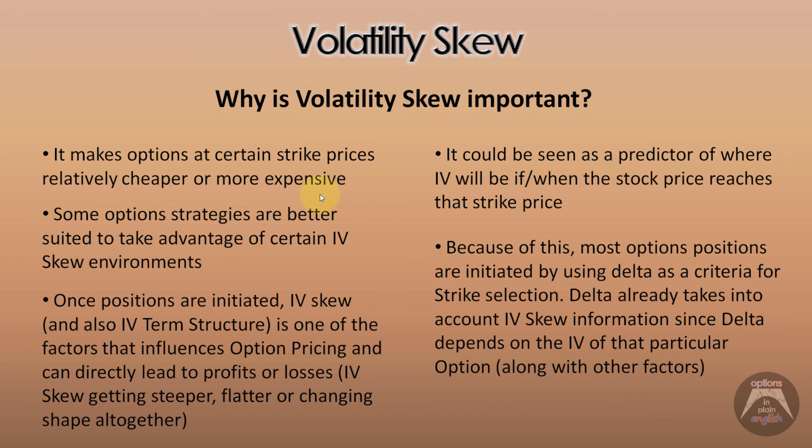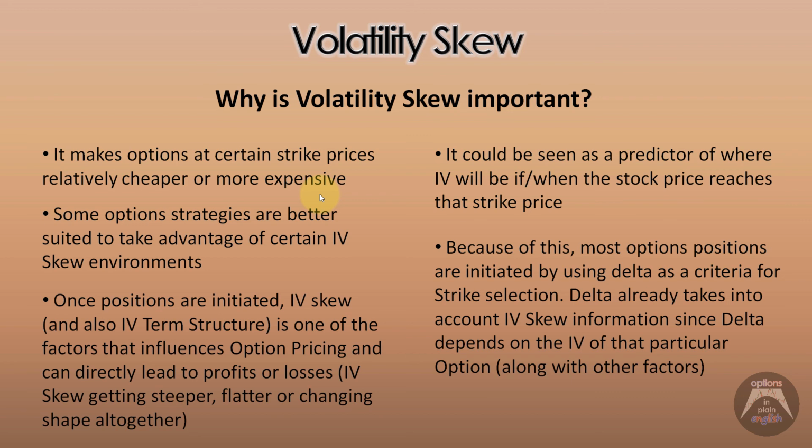So the bottom line here is we need to start thinking about delta when we select the strike price that we want to sell or buy, and that's the way most traders do it. If I tell you that you should go to a certain stock and sell the 35 delta, I don't need to tell you what the price is going to be. I'm just telling you the delta, and that takes all of this information into account, and that is the way that option traders put positions on.